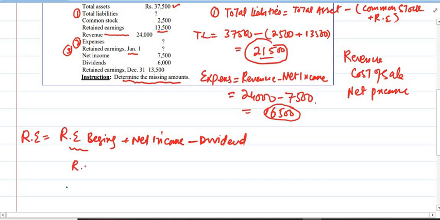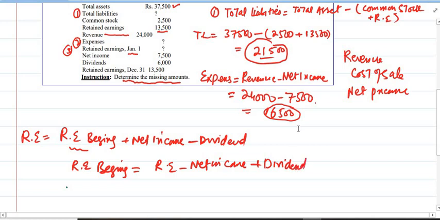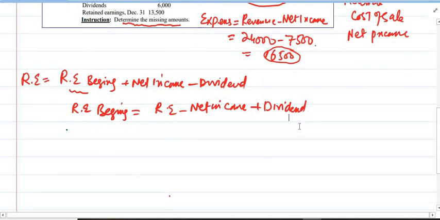We will write: beginning retained earning is equal to retained earning, which is positive, minus net income, and the dividend is negative, so it will be positive because you take it to the other side of the equation.